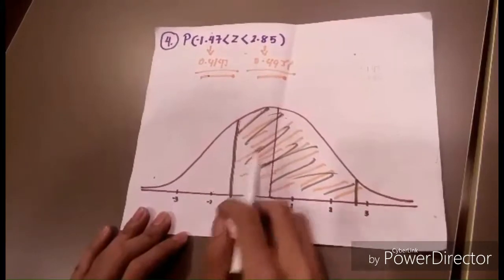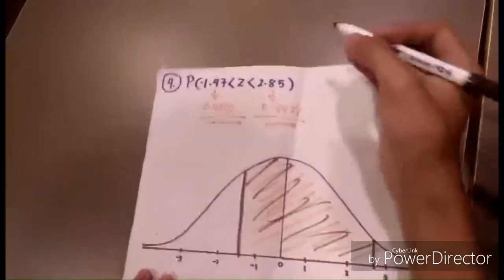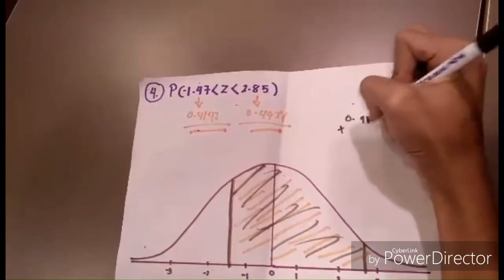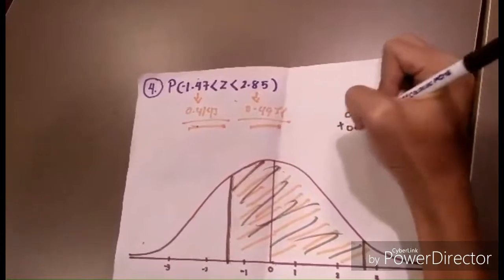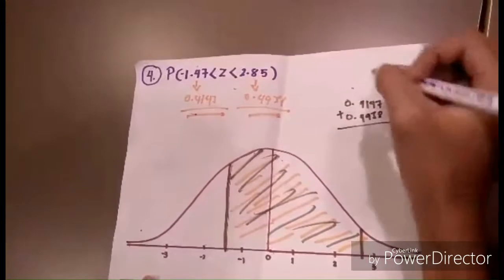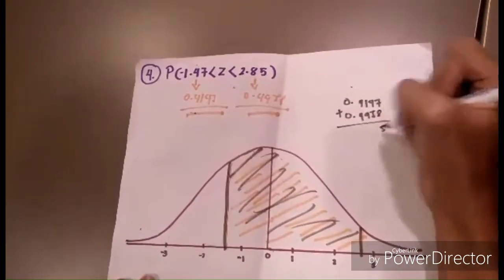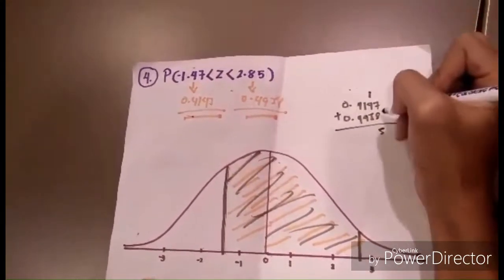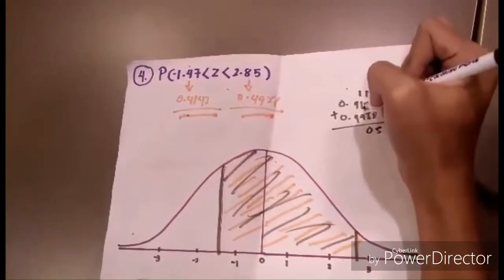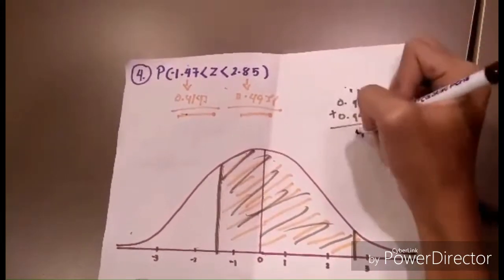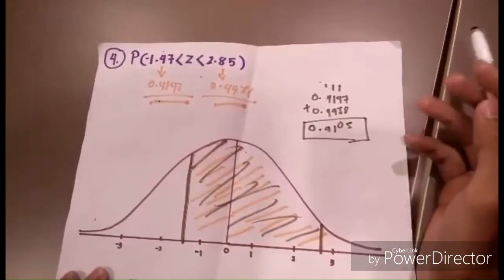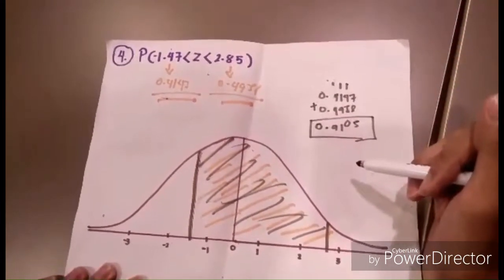In that case, we need to add because it's in between. So 0.4147 plus 0.4958. So this is the final answer of 0.9105.